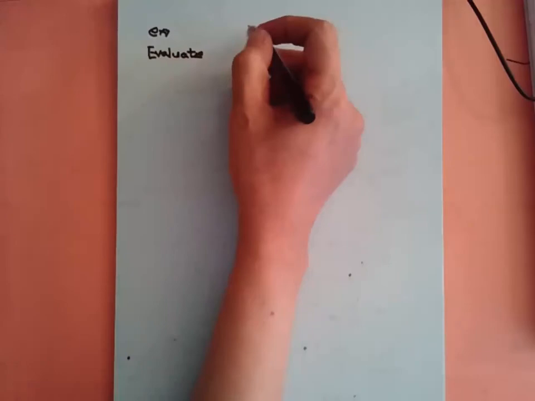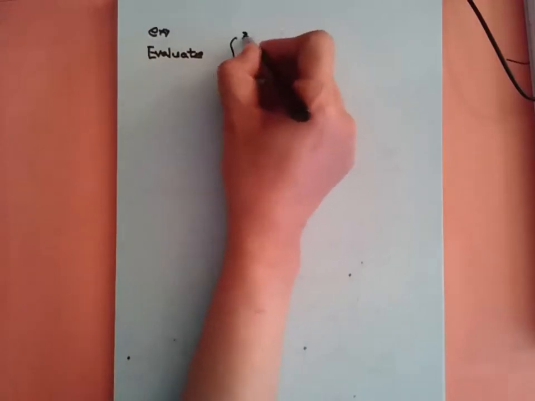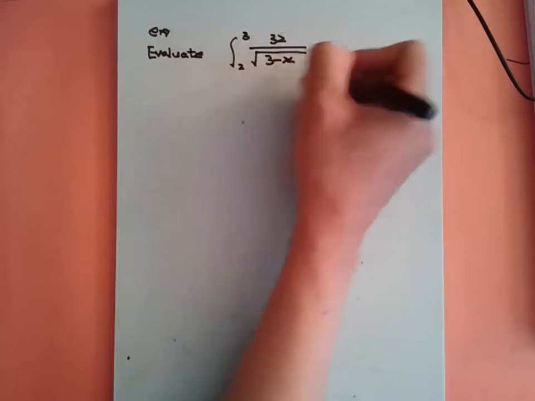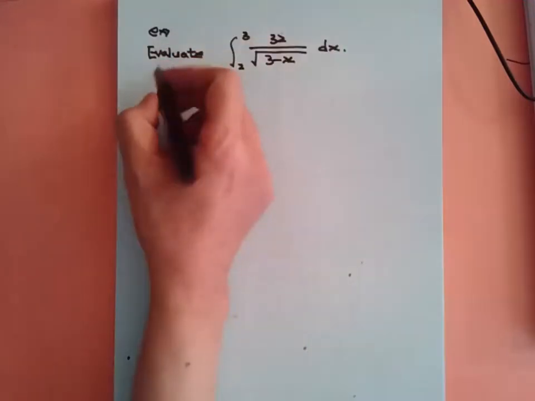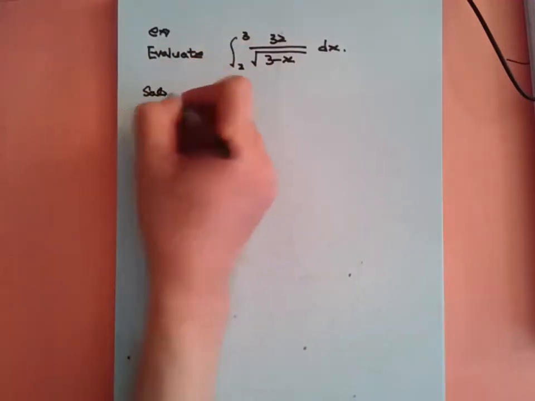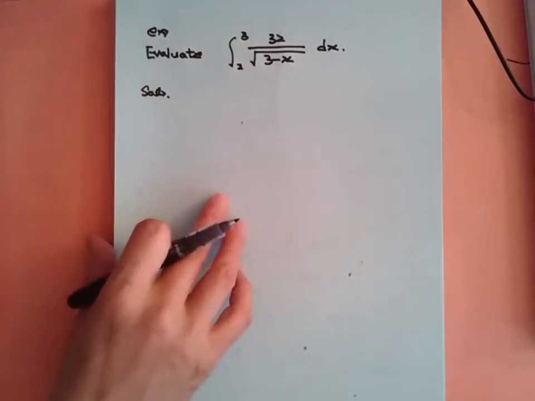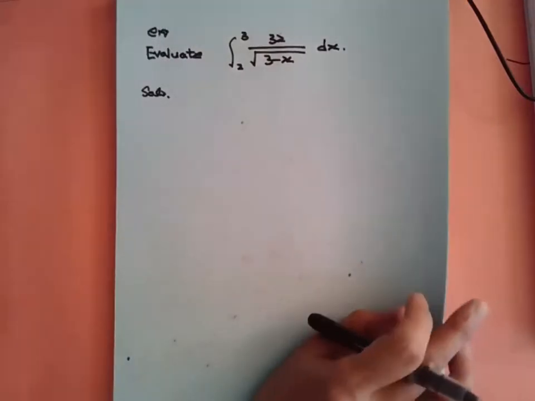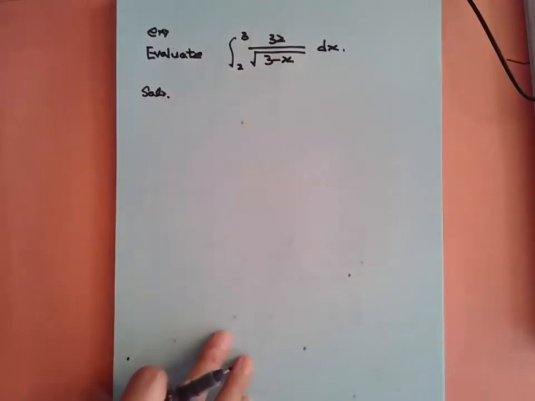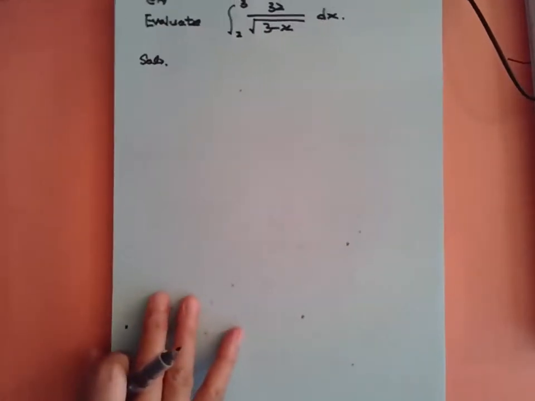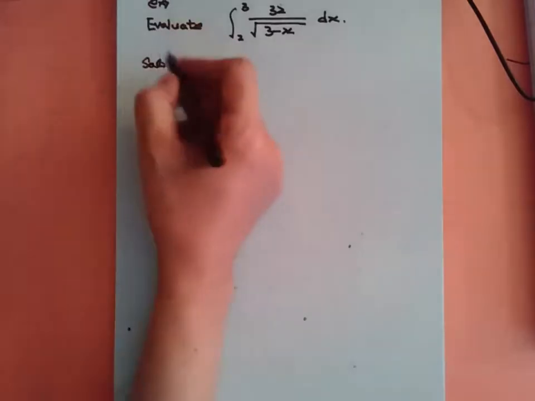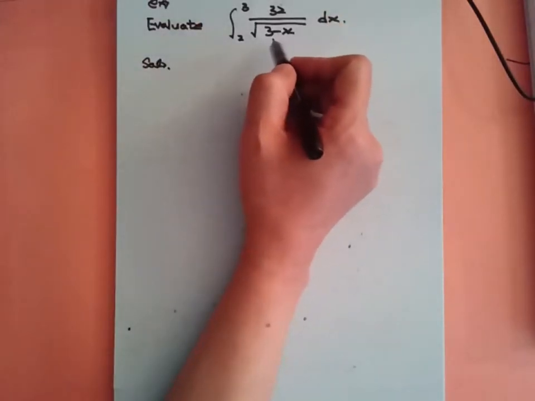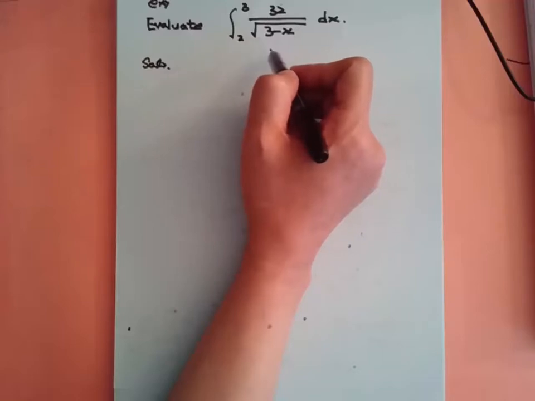Evaluate integration from 2 to 3 of 32 over square root of 3 minus x dx. So obviously, we have to think about the substitution method.